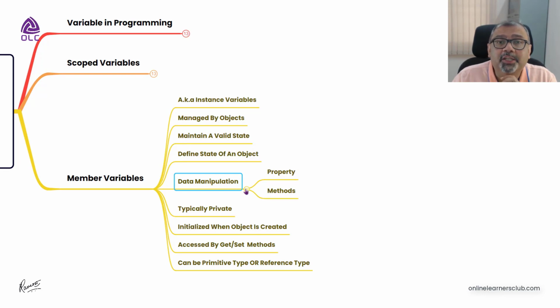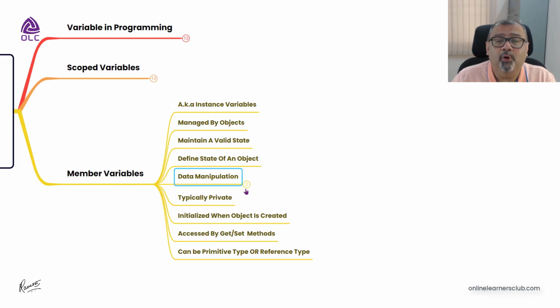Typically these two are used in an object-oriented program like Java for modifying the variable's state. And typically the member variables are private. They are initialized when the object is created and accessed by get and set methods. We'll discuss the class definition and all these different elements in the following chapters.